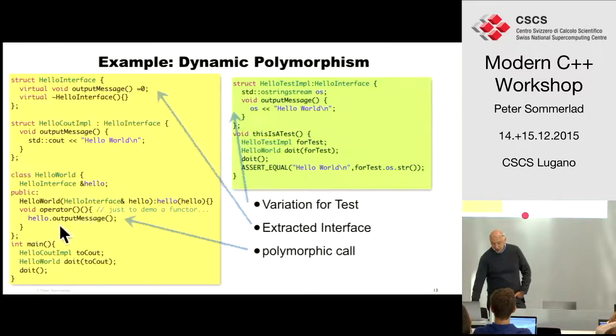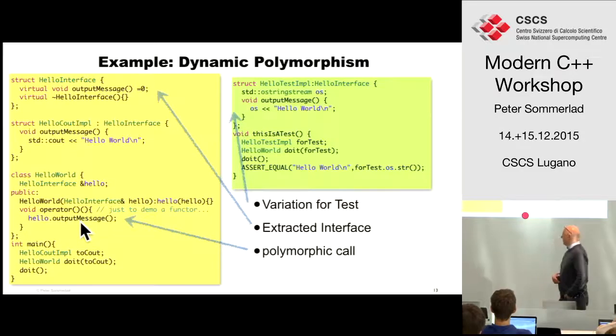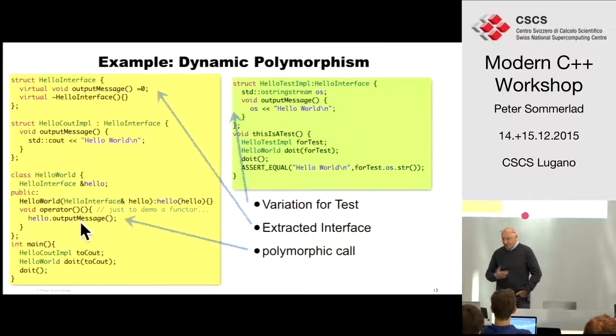And now we have a class that is actually parameterized by a hello interface object. It keeps a reference to that object, getting passed in that reference in the constructor. And it will delegate. It could have been any kind of name for the member function here. I just happened to use a call operator again because I found it funny when I made up this example, to use a call operator as a member function for our hello world object.